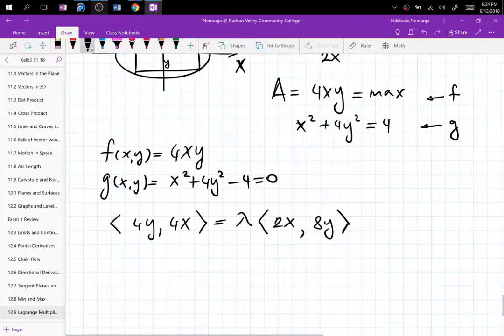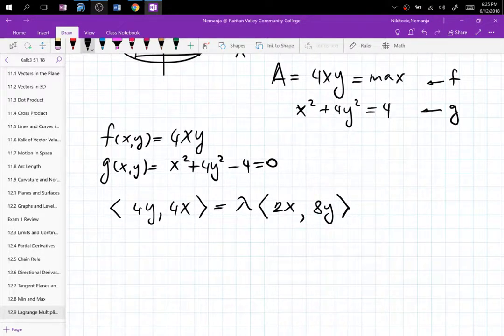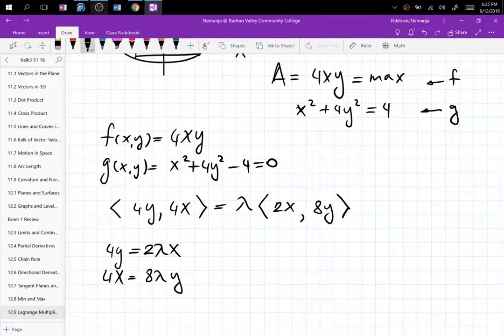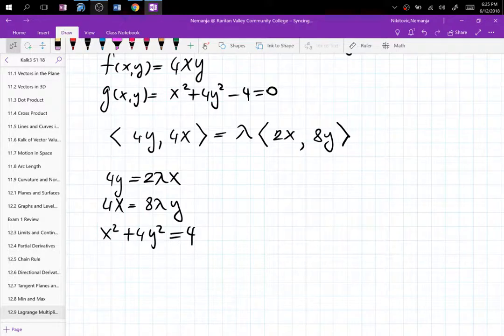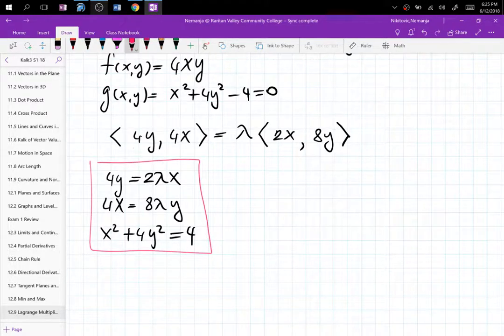Perfect. So now, equations: 4y is equal to 2 lambda x, 4x is equal to 8 lambda y, and x squared plus 4y squared is equal to 4. I'm going to box this system. We need to solve the system over here.